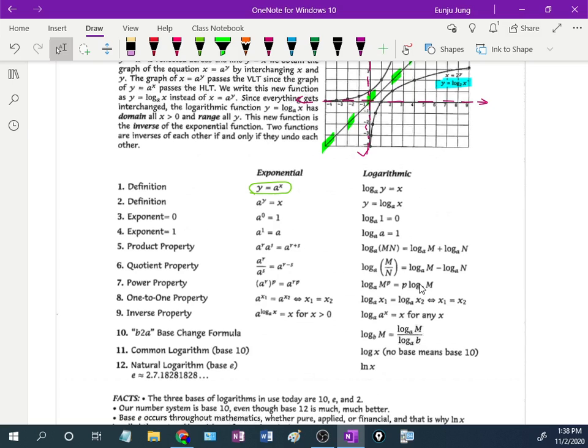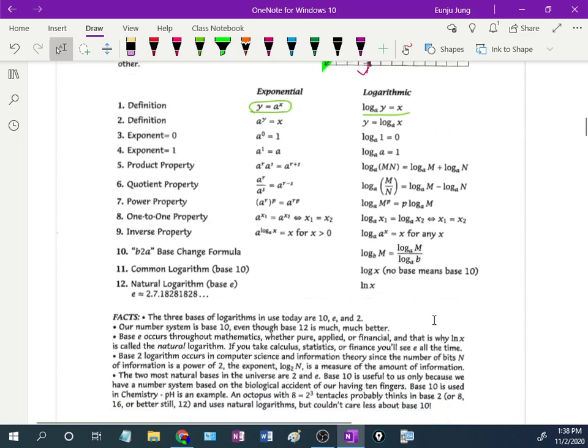Yep, and then x will be written as the logarithm of the same base a of y, and we switch input and output, and that is another way to write the same thing in logarithmic form, okay? And we'll practice those more after that. So we will revisit this after we study lots of properties.